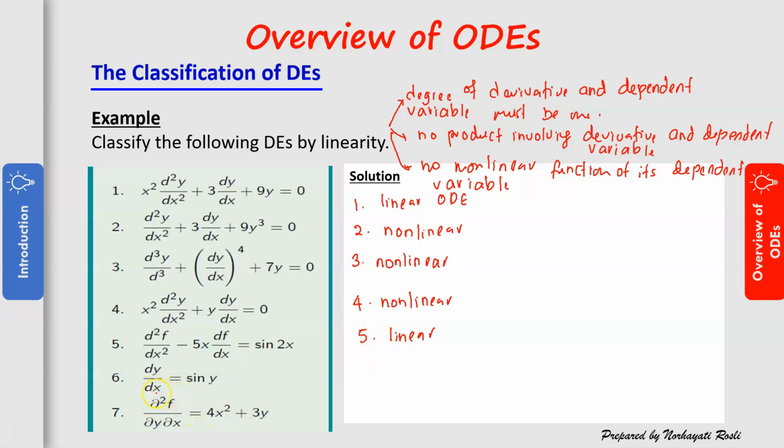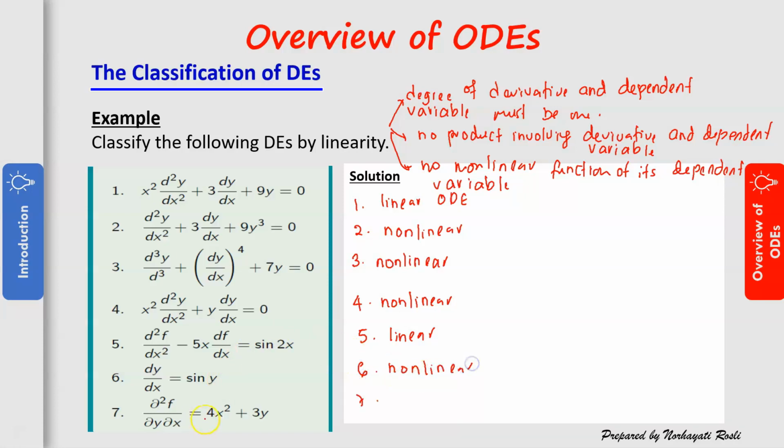And then if we go to number 6, clearly we have sin y here. When we have sin y here, it does not fulfill condition number 3. Here we have a nonlinear function involving dependent variable, so this one is non-linear.